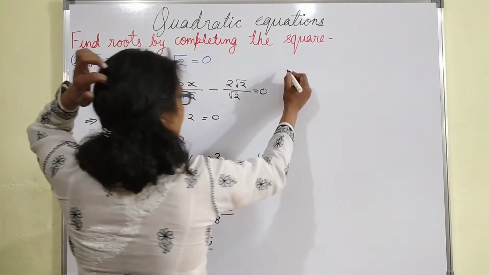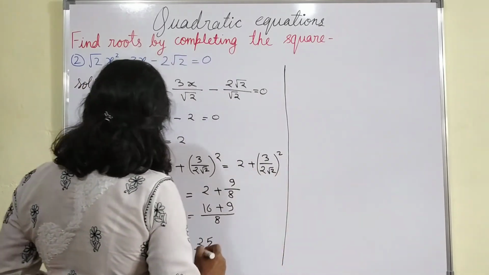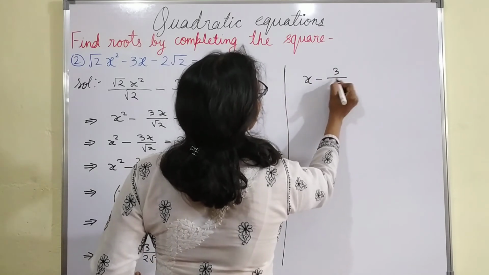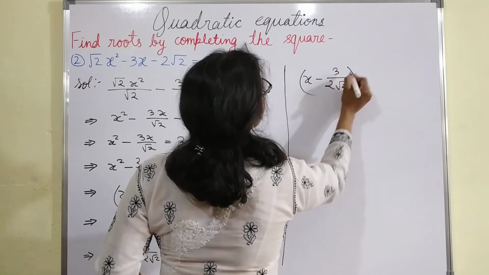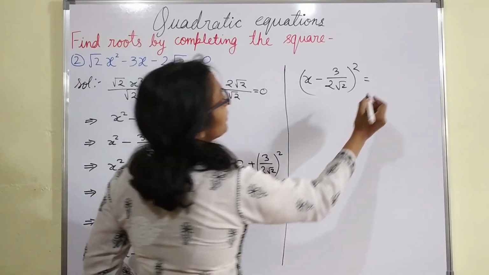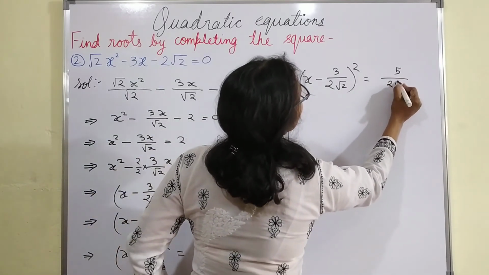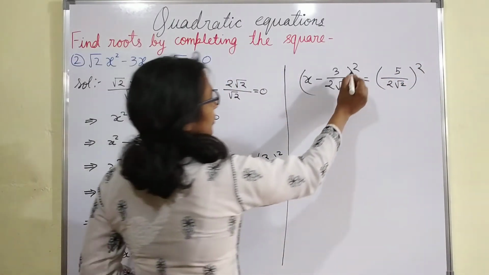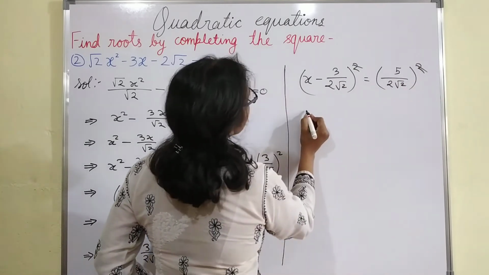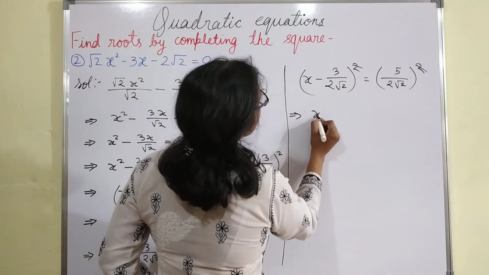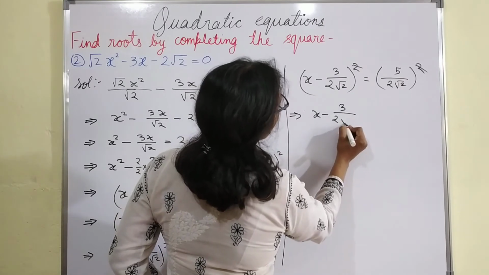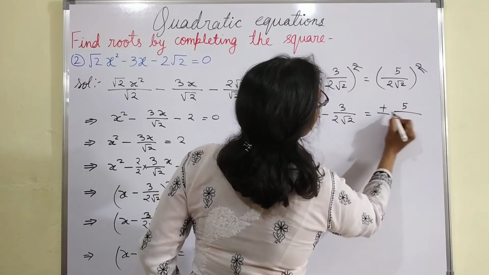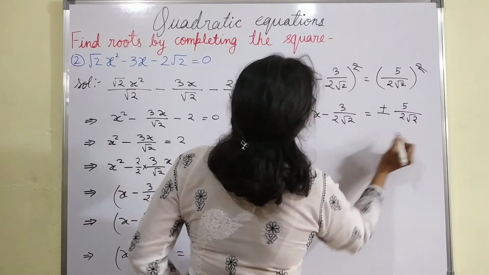So 25 upon 8 can be written as 5 upon 2 root 2 whole square. Now cancel these two squares. So x minus 3 upon 2 root 2 equals plus minus 5 upon 2 root 2.